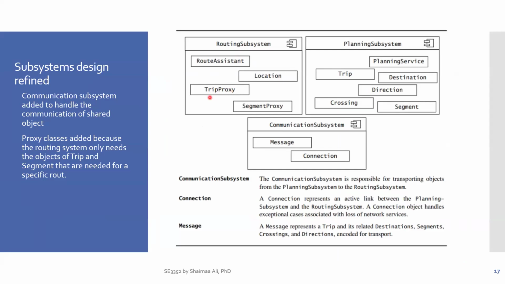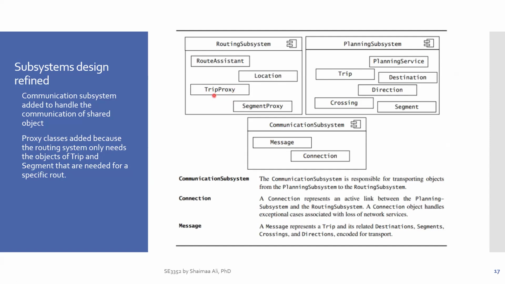I'm not sure if you're familiar with the proxy design pattern. The proxy pattern is when you have a heavy object, you can have a lighter version of that object, and that lighter version is treated the same way. So we have Trip and Trip Proxy, and both of them would inherit from the same parent, so they would be treated as being of the same type.